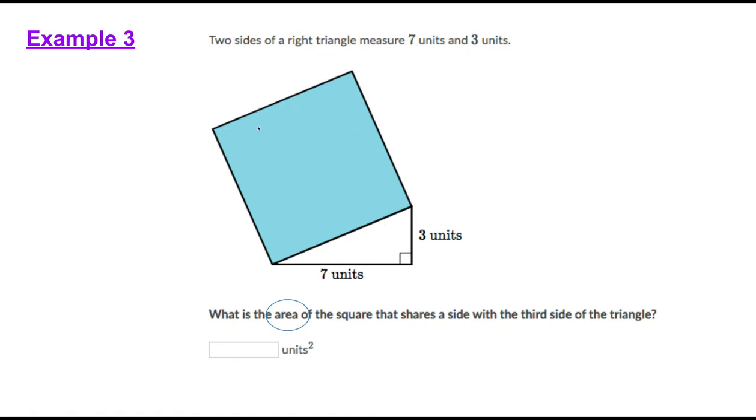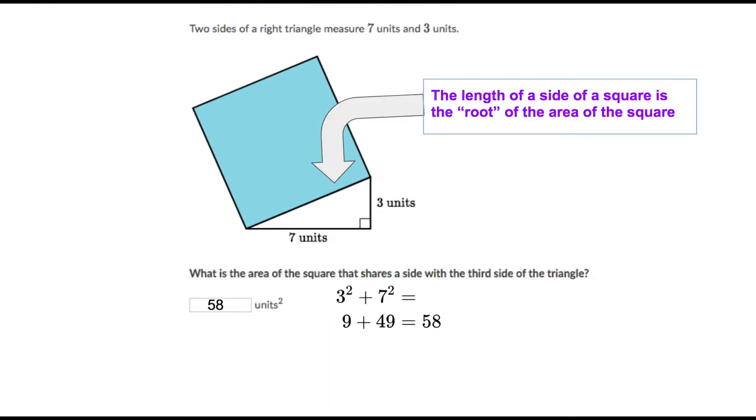In this case, I'm trying to find the area of this squared, or the hypotenuse squared. So I would do 3 squared plus 7 squared, which would equal 58. And I would stop, because that is the area of the square. The length of the side of the square is the root of the area of the square. That's where the word square root comes from.